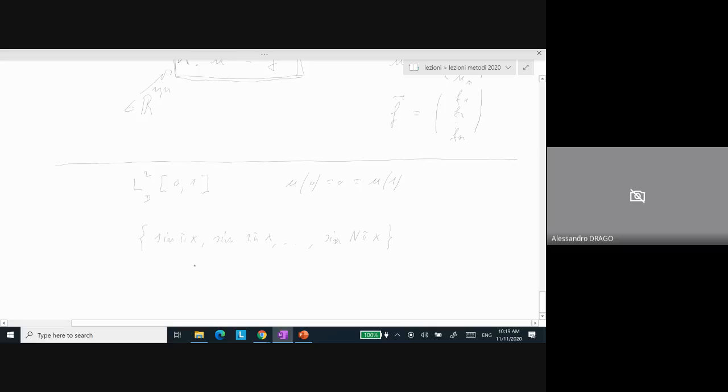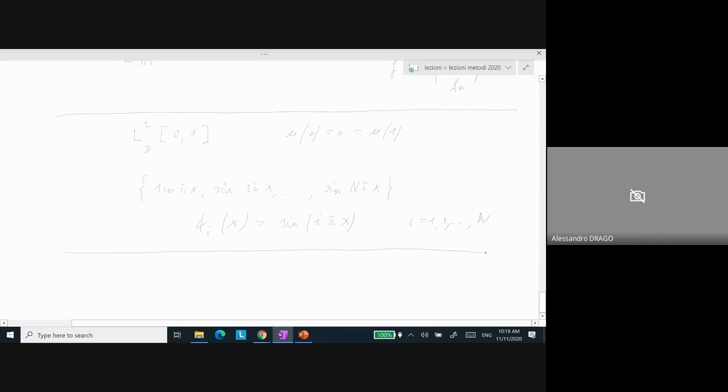So essentially these φ_i(x) are sin(iπx) with i running from 1 to n. This is our finite dimensional basis.